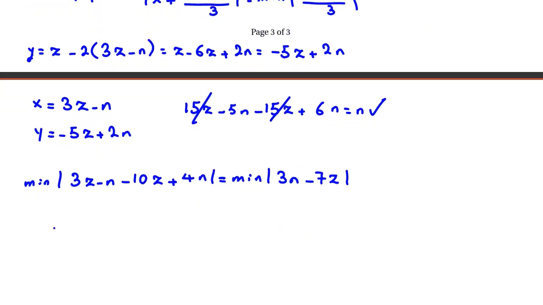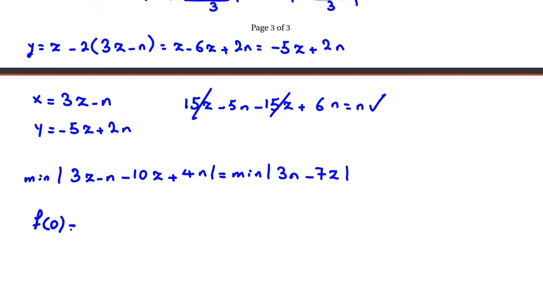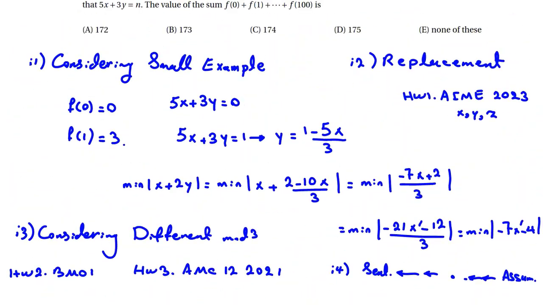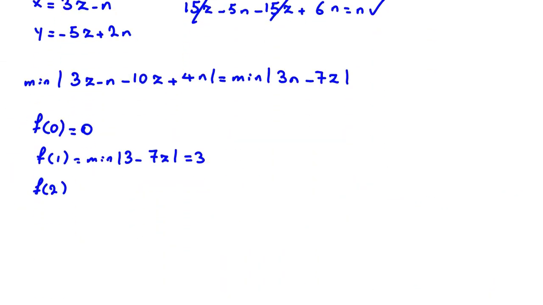Now that we found this, f of 0: n is 0, so we can consider z 0, and it will be 0. f of 1 is what? The minimum of 3 minus 7z. So here the best z is 0, it's 3. f of 2 is what? f of 1 is exactly 3 that we had. f of 2 is the minimum of 6 minus 7z.